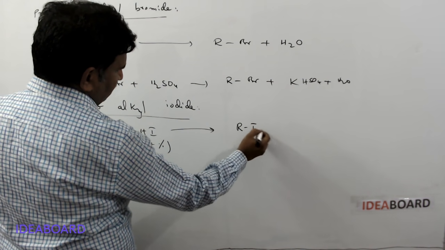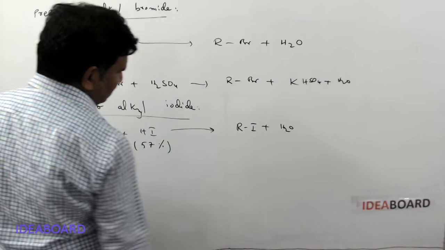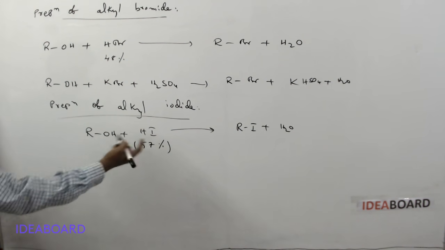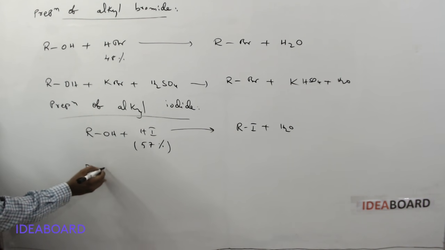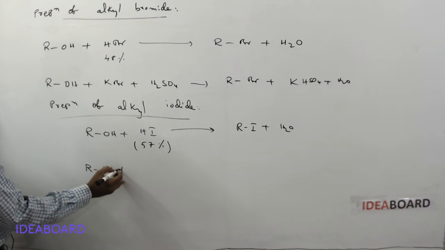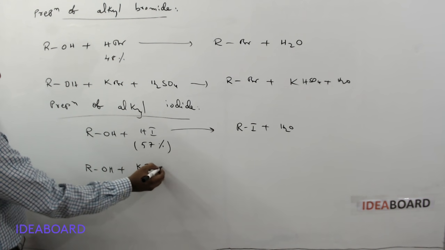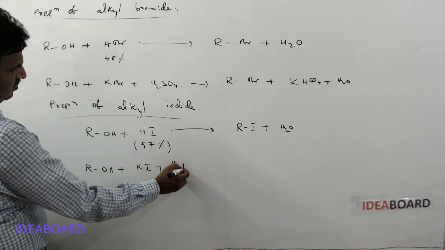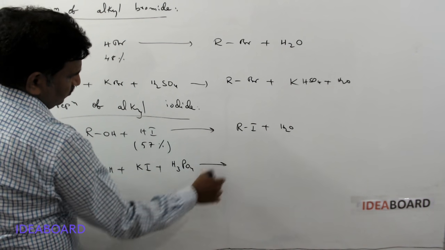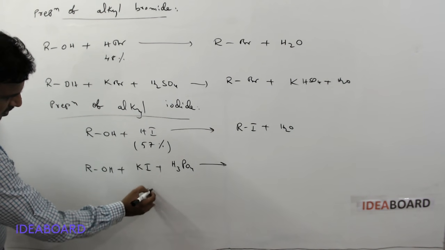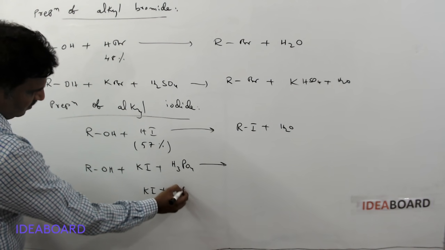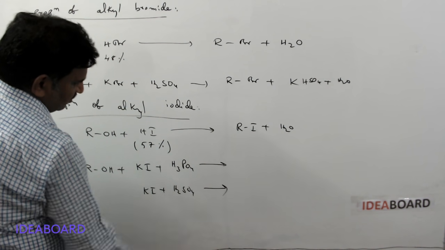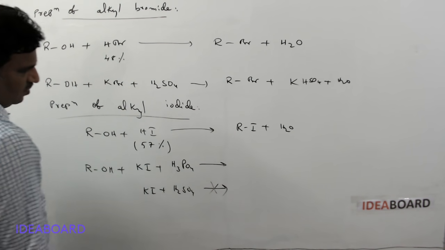Then it forms alkyl iodide plus H2O. Or if direct HI is not available, then alcohol is treated with KI plus H3PO4. We are not using a KI and H2SO4 mixture. Please remember, this is not taken.